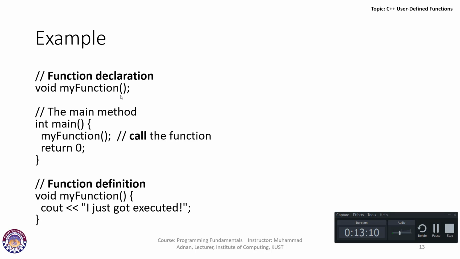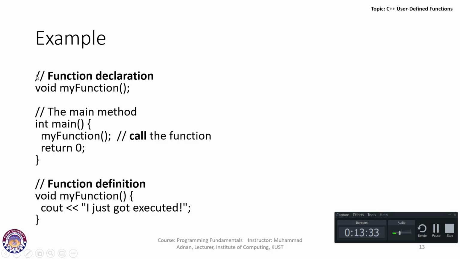So here you can see we have the function declaration. At the top of the main function, we just write the function signature, or the function prototype, or the function declaration. You can call it anything you want. So we write the return type, then the name of the function, and then parentheses and a semicolon, and that's it.